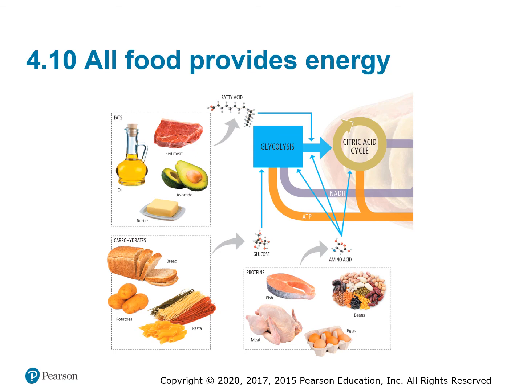So it's not just sugars. You can see here, glucose starts right at the beginning of glycolysis, but some amino acids, for example, that are found in proteins, will enter cellular respiration in different places, as well as the fatty acids from lipids. They will enter cellular respiration in different places than glucose. But all of them will provide energy.